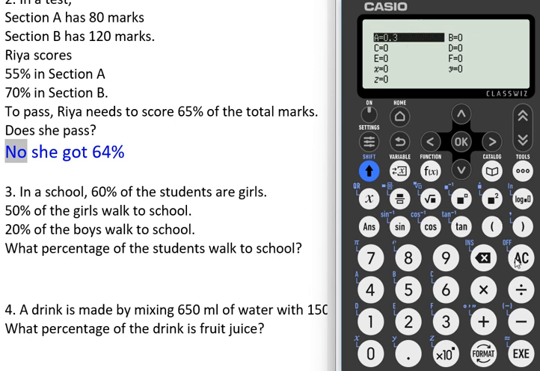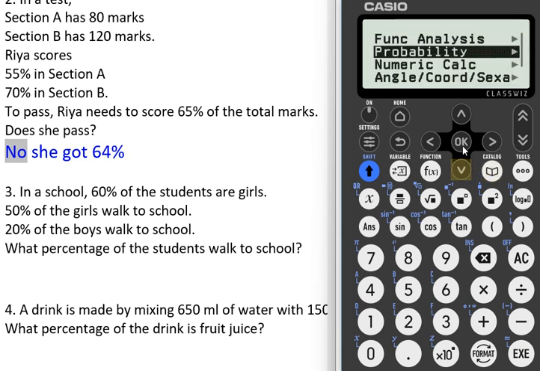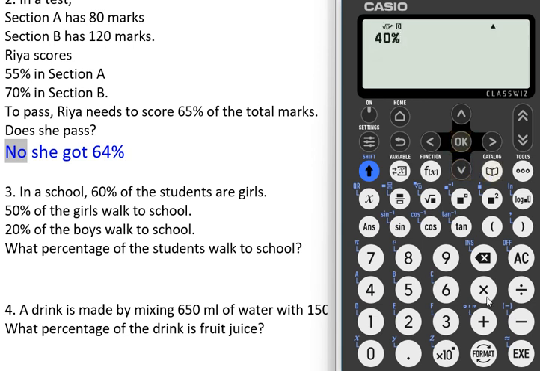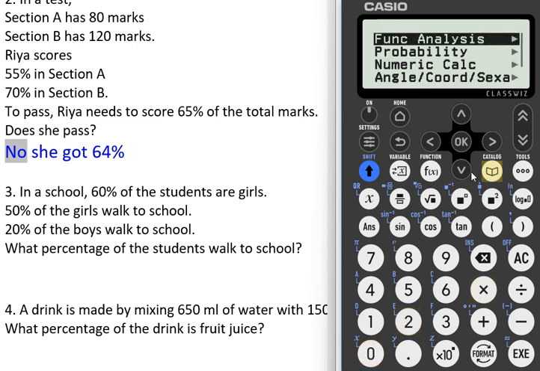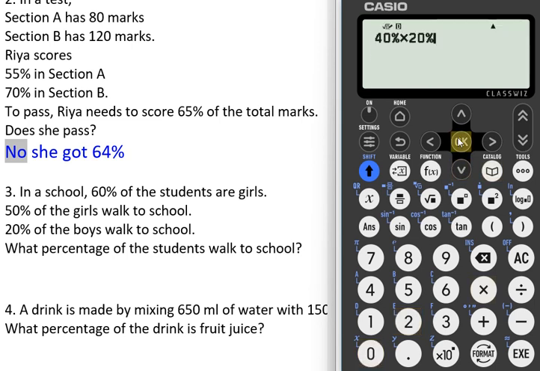Okay, so we've sorted out the girls. Now we need to work out the boys. So 60% are girls, so 40% are boys, and we are multiplying that by the 20% that walk. 20 catalogue probability percentage. Okay, and that says it's 2/25.